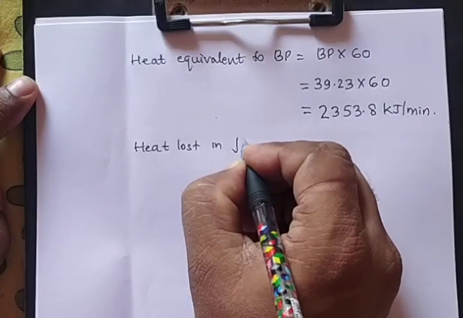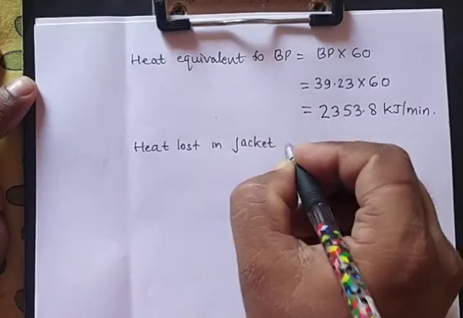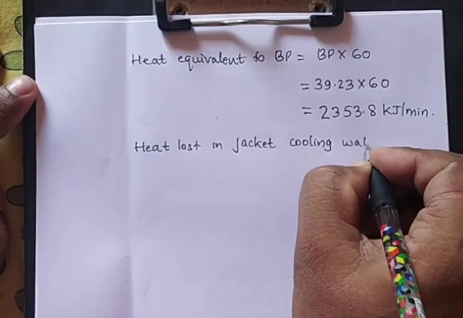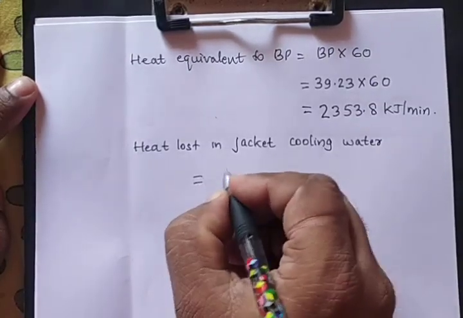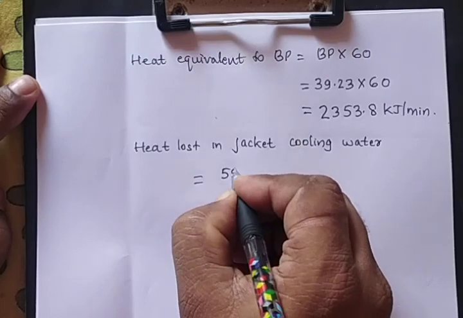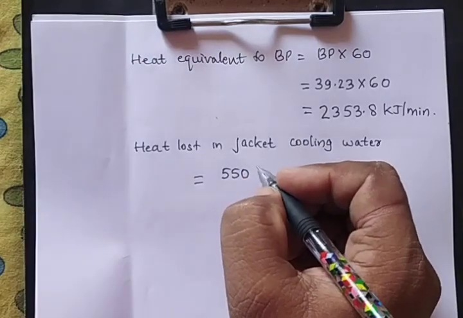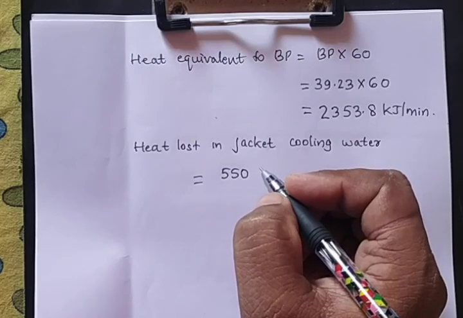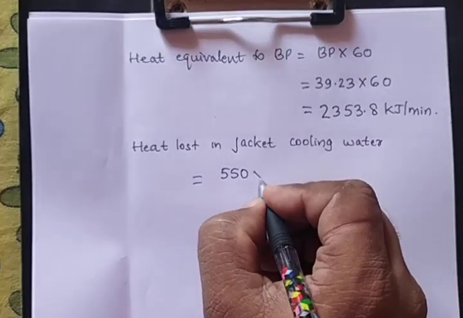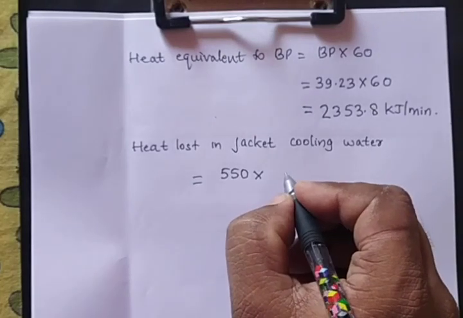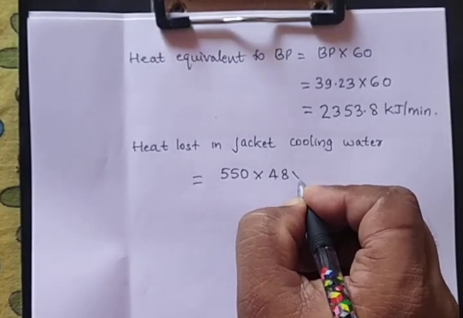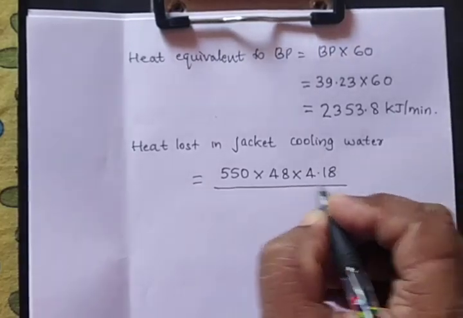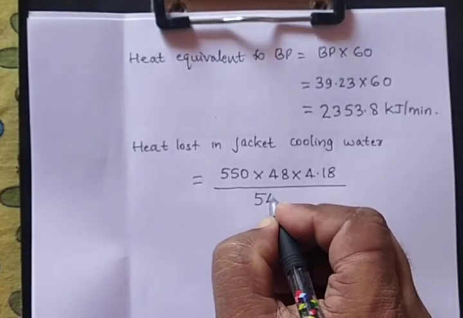Then he has given us heat taken away by cooling water, that is heat lost in jacket cooling water or cooling water jacket which we are using. So is given by mass of cooling water, that is 550 liters is being used, into rise in temperature into 4.18 divided by 54.